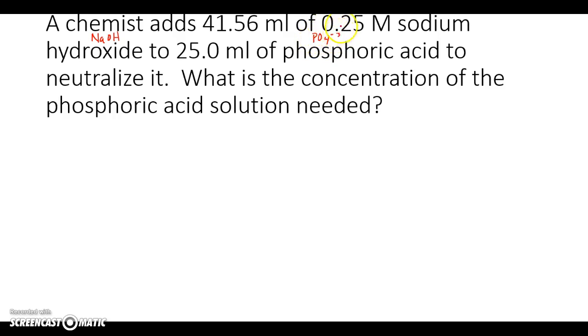Remember, phosphate has a -3 charge, and we also know that acids always start with hydrogen, which has a positive charge. And to make sure that all those electrons that phosphate wants to get are given by the hydrogen, we have to have 3 hydrogens, so it's H3PO4, and that's what you would call phosphoric acid.